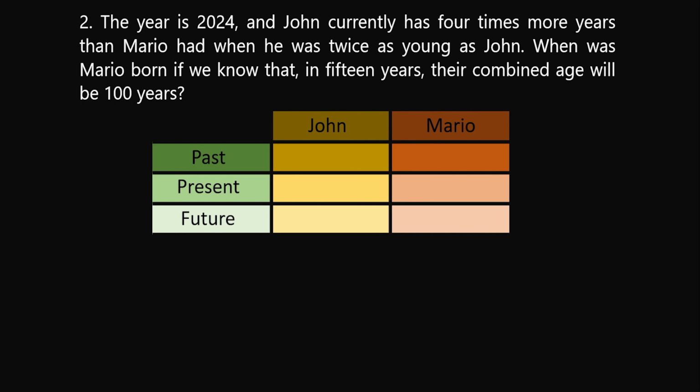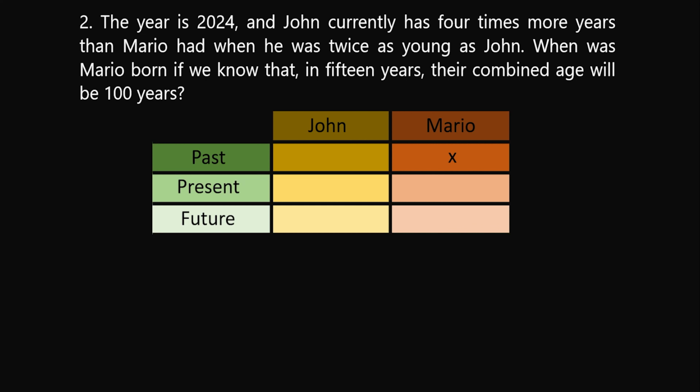Now, let's take a look at the first sentence of our problem. John currently has 4 times more years than Mario had when he was twice as young as John. Let's say that in the past Mario had x years.